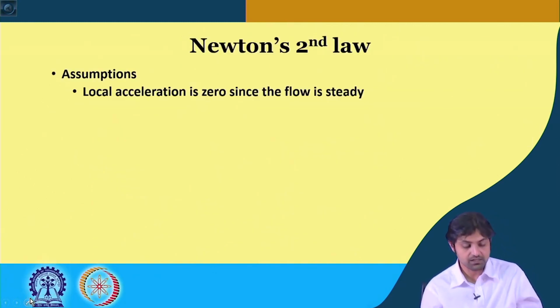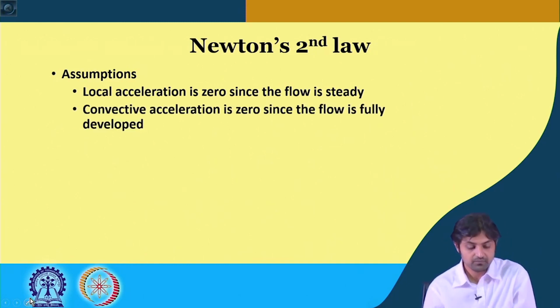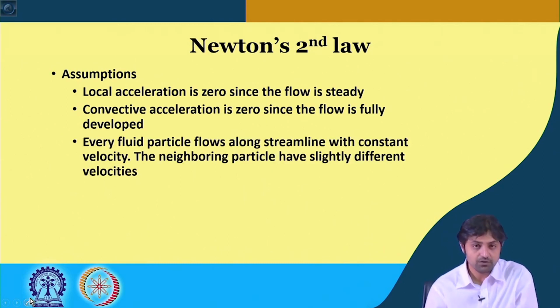So there are some assumptions. The local acceleration is 0 since the flow is steady. We also assume that the convective acceleration is 0 since the flow is fully developed. Every fluid particle flows along a streamline with constant velocity.